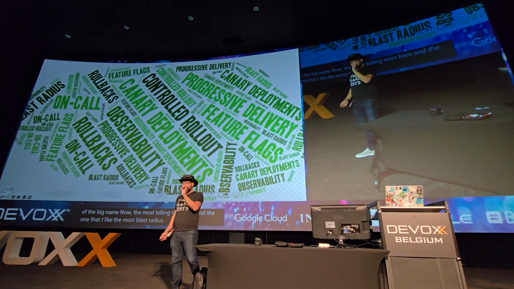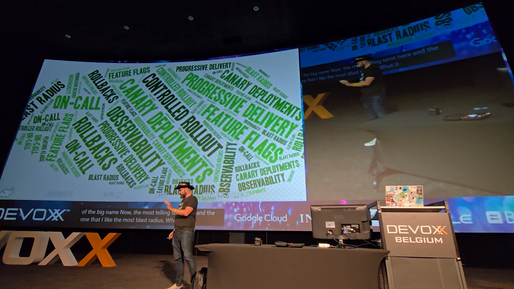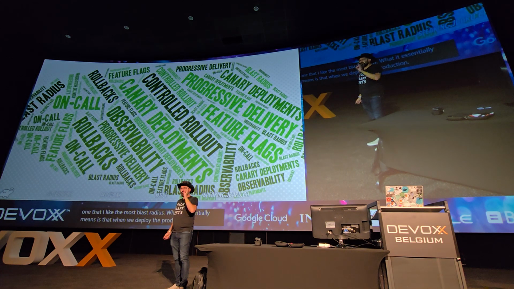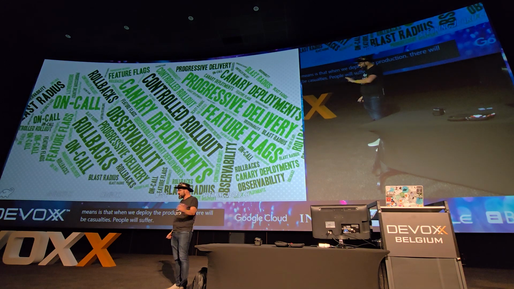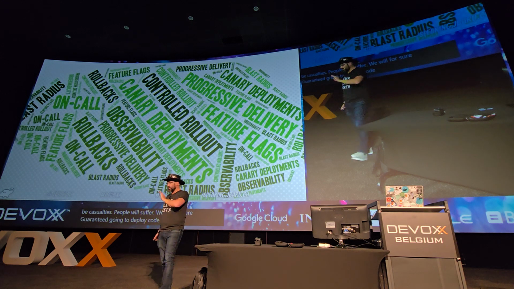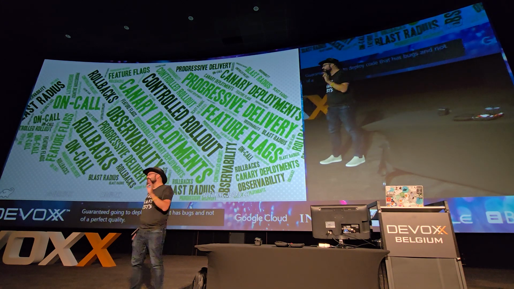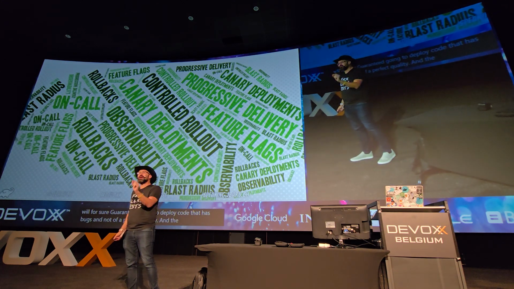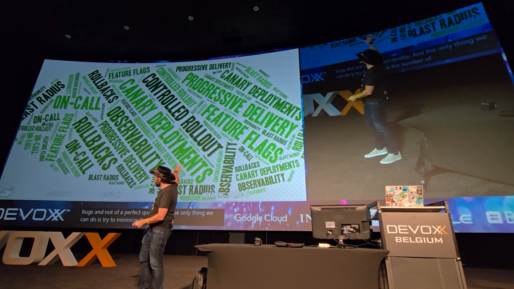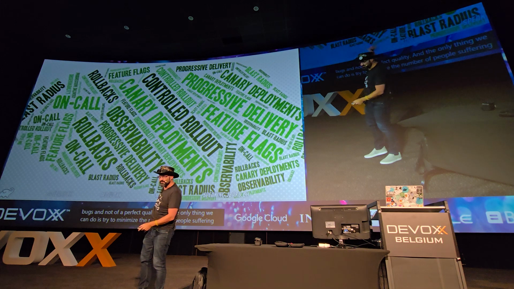What it essentially means is that when we deploy to production, there will be casualties. People will suffer. We will, for sure, guaranteed, deploy code that has bugs and is not of perfect quality. And the only thing we can do is try to minimize the number of people suffering.